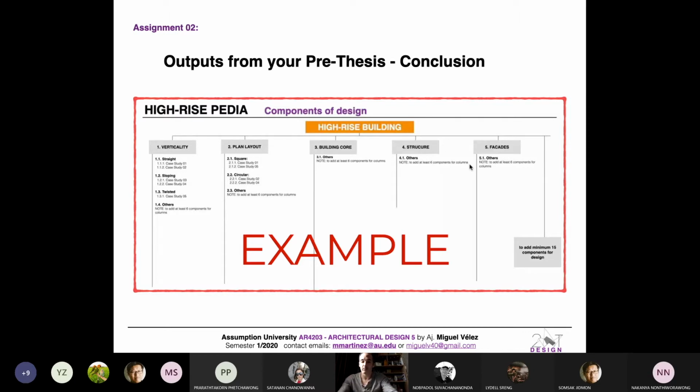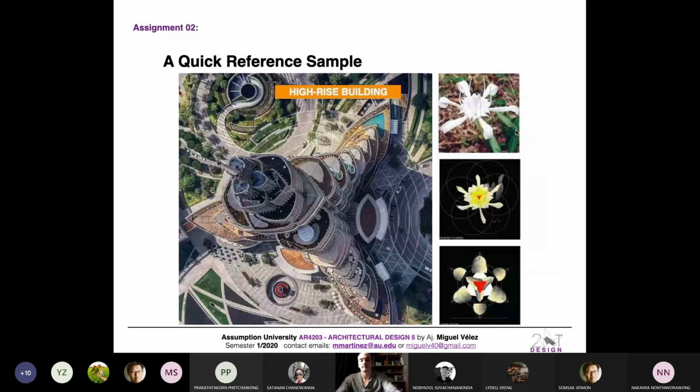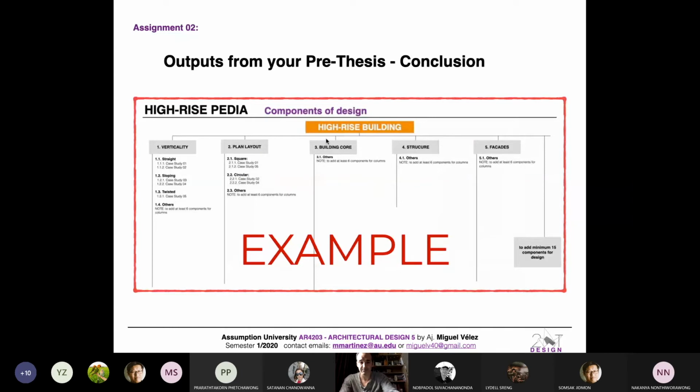So all this complexity that we are talking about here, we should be capable of mapping, with all the things related to a high-rise building, writing them here. If your building doesn't have any of these elements, it's not a high-rise building.